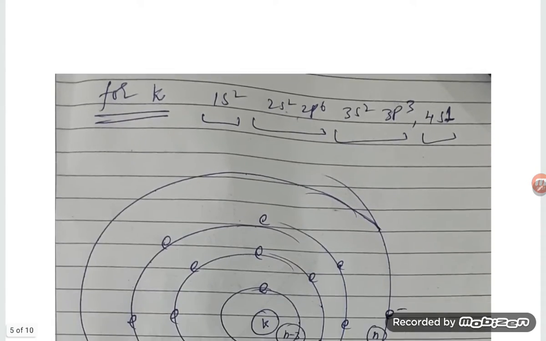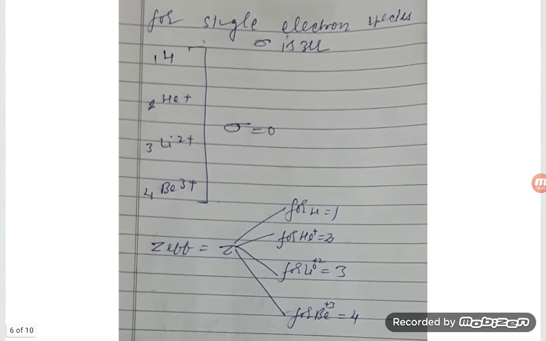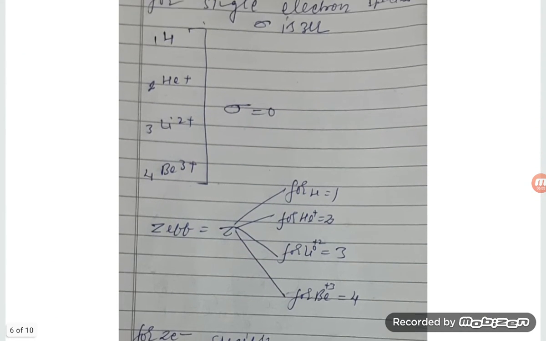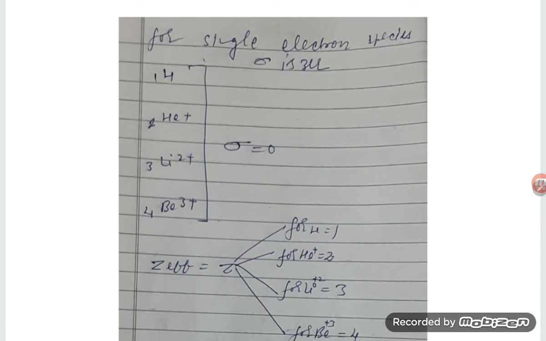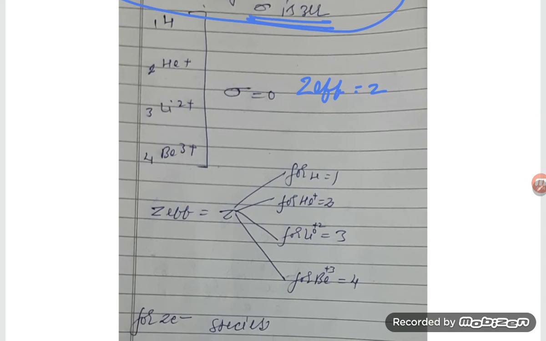Okay. Even if you talk about this, student, there are so many examples, the same thing is written again and again here. For single electron species, they are saying that sigma will be 0. Sigma is 0 means Z effective will be equal to Z. So that is what they have calculated: Z effective is equal to Z. So for hydrogen 1, helium plus 2, lithium 2 plus 3, and beryllium 3 plus 4.